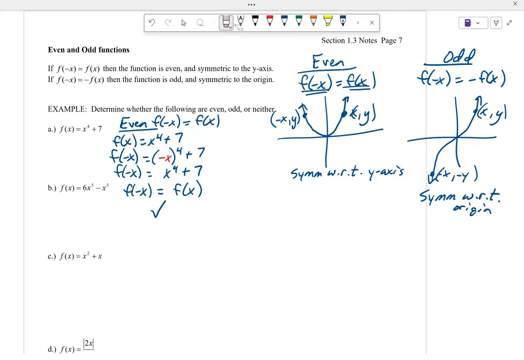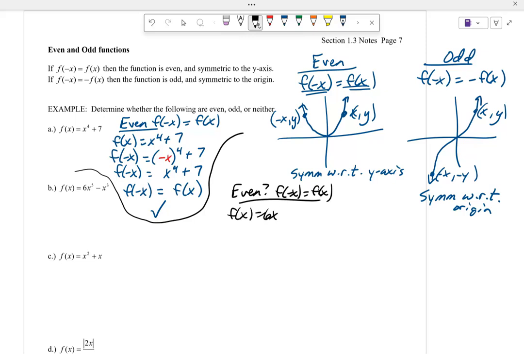Is it even? Does f of negative x give me f of x? That's what we're trying to figure out. I've got 6x to the fifth minus x to the third.